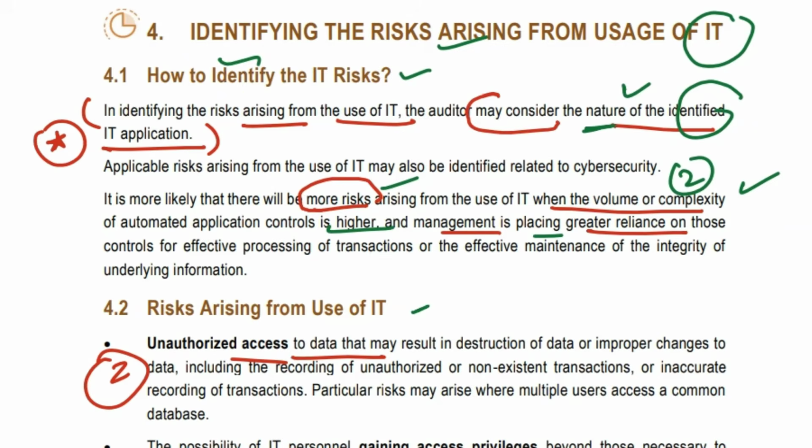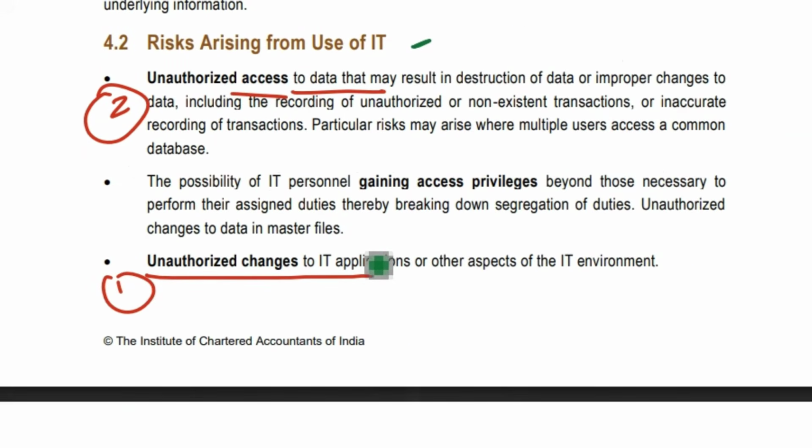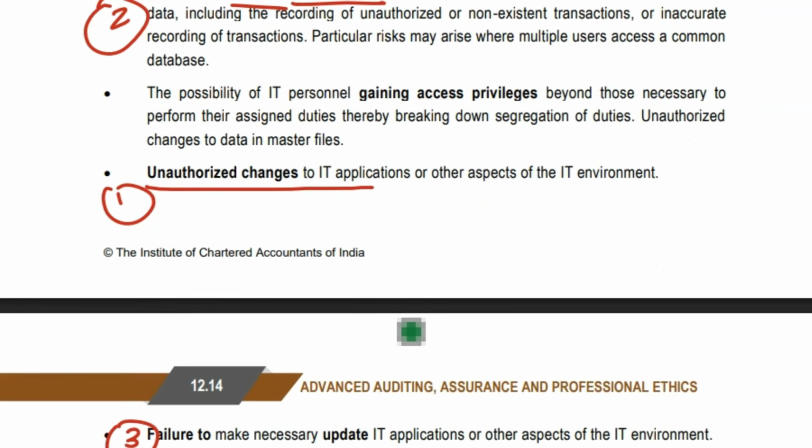Now, risk arising from the use of IT. The same points you will study in the control considerations of the IT environment. Whatever similar points I give here, for both questions the answers are the same. The words will be different, like here you will write IT environment, and there you will write data systems.